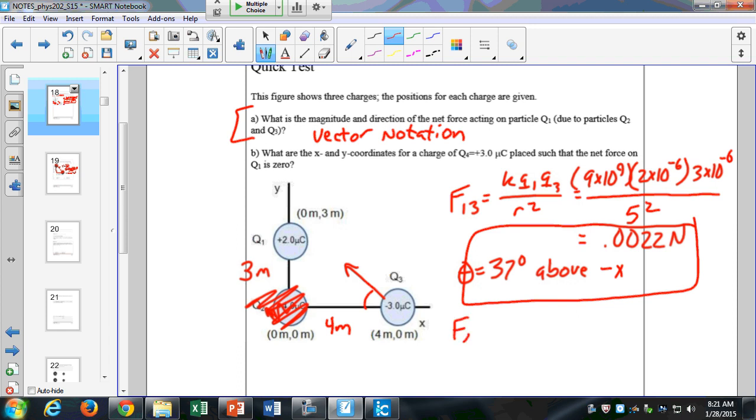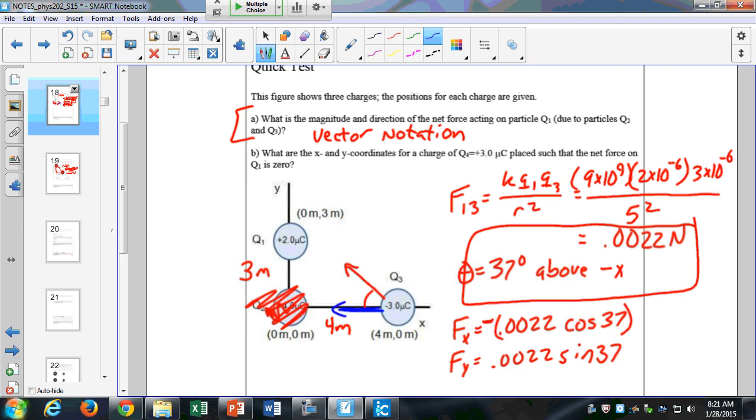The force in the x direction is just going to be 0.0022 times the cosine of 37. And the force in the y direction is 0.0022 sine of 37. One of these is negative. Which one is it? The x or the y component? The x component is negative, right, because this component of the vector is in this direction.